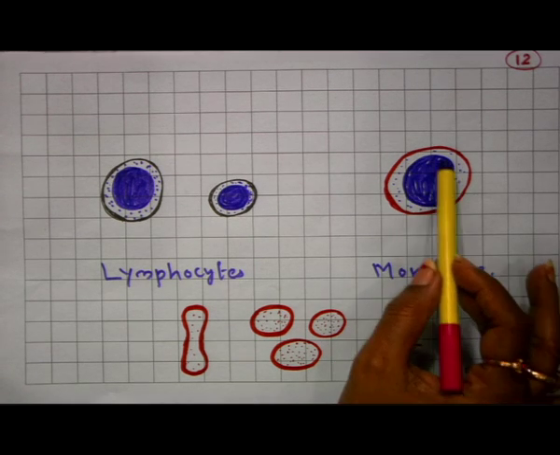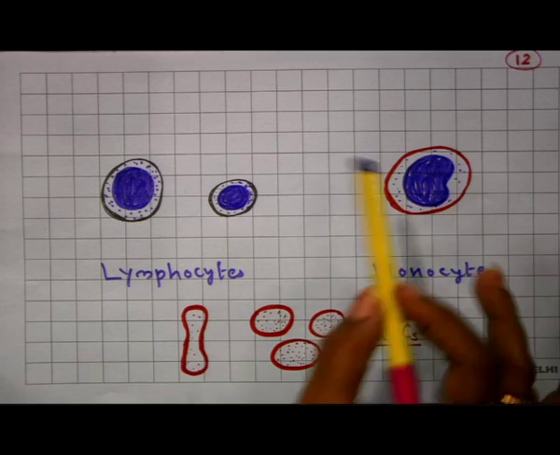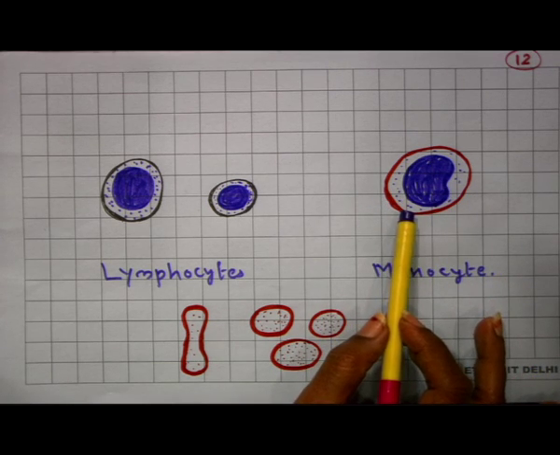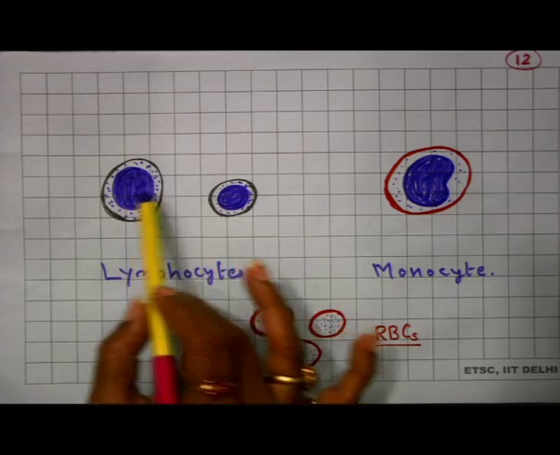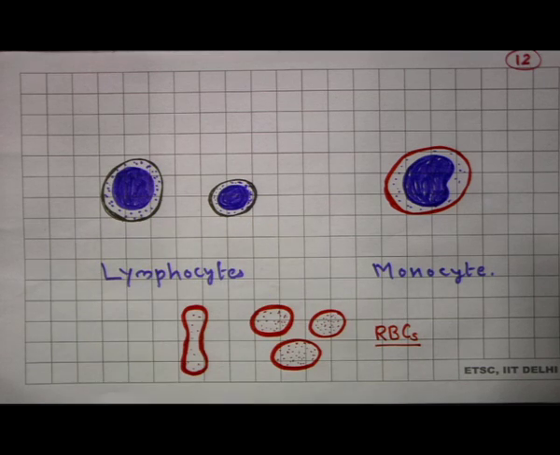They have a large kidney shaped nucleus with purple colored cytoplasm when stained with Leishman stain. Here also you can see the large nucleus and a little bit of peripheral cytoplasm that is purple in color when we use Leishman stain. So, these are the different types.